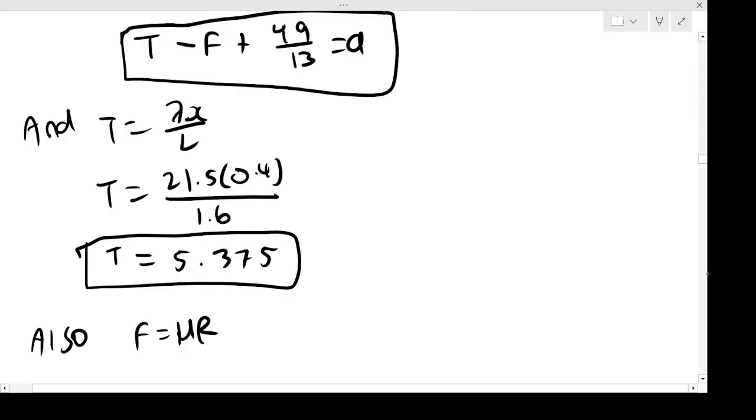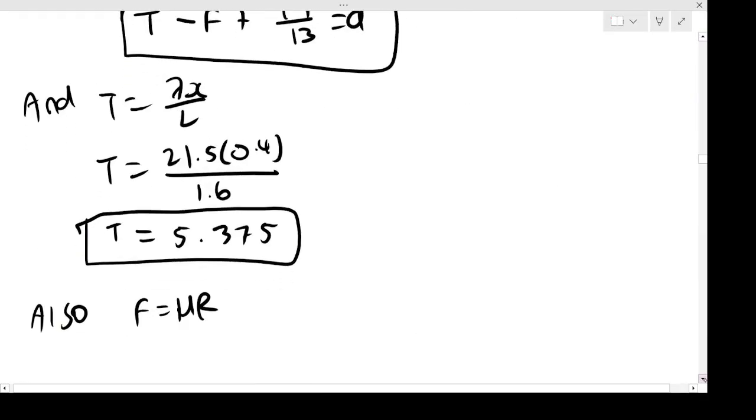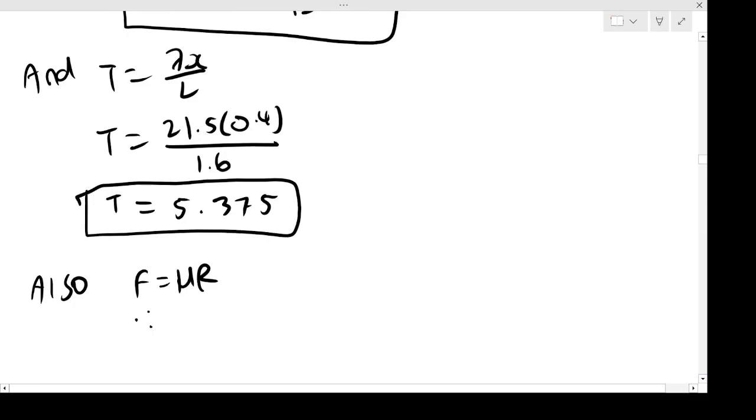So that means F is going to equal a half times the reaction R, which was 9.05. So that would mean F would be 4.525. And there we are.